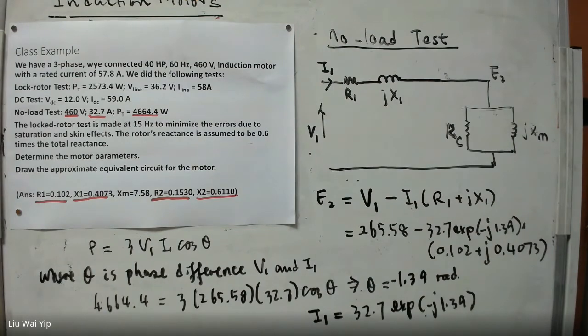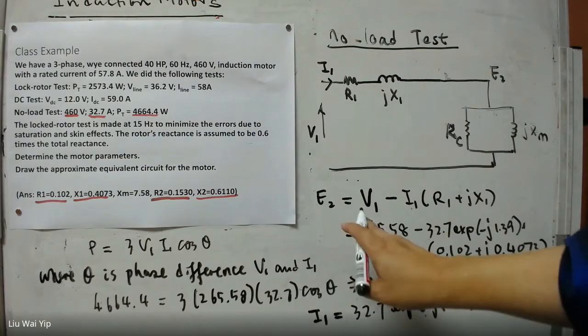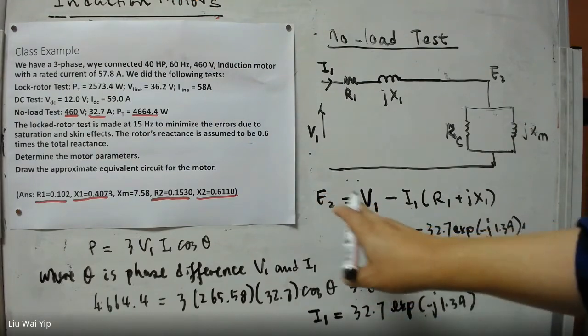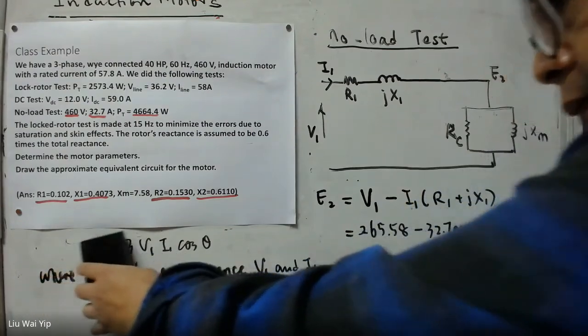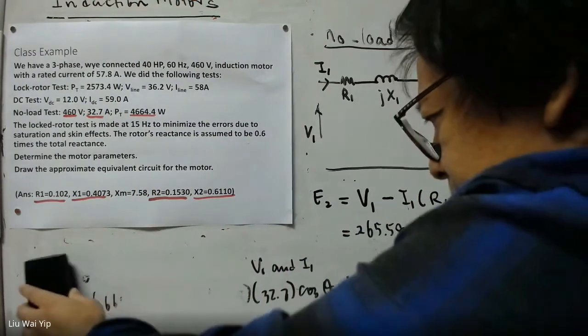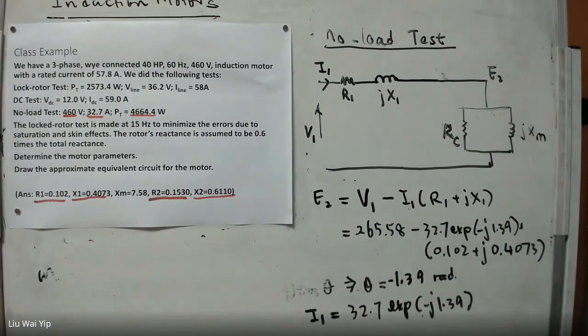The phasor for E2, the value is quite complicated. And what I'm going to do is to write down the phasor, the complex value of E2 here. Let's see if you can see the right one. Okay.